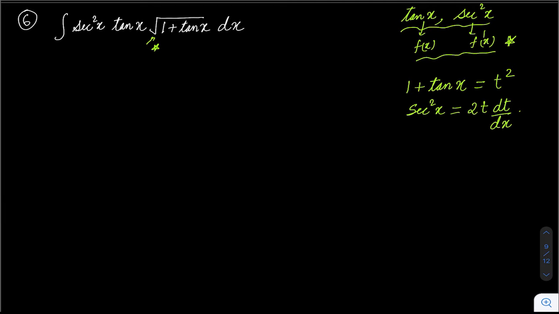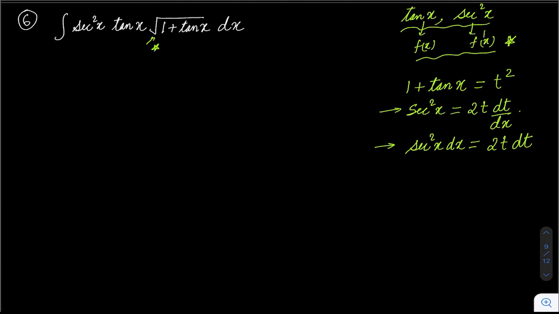Now one thing I just want to clarify, it depends on teacher to teacher actually. Some differentiate it like this, and some differentiate directly also. Even I use direct differentiation. For example, when differentiating this, I will directly write secant square x dx equal to 2t dt. So basically I am partially differentiating it.